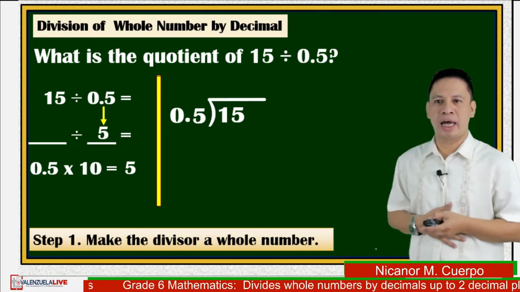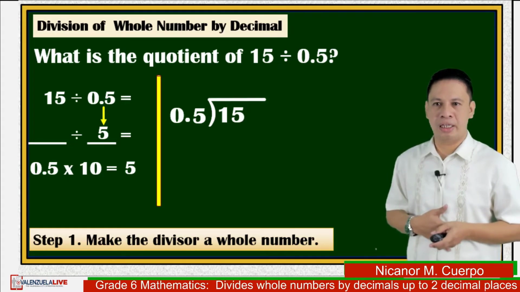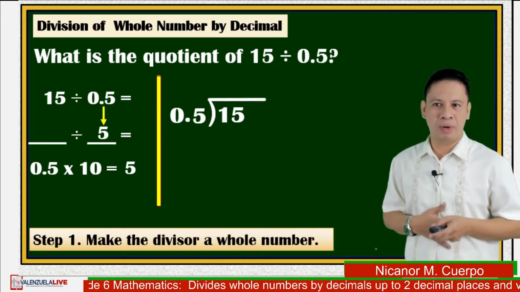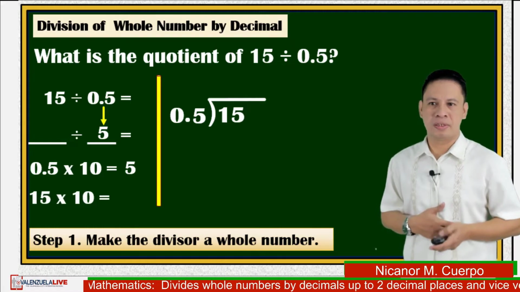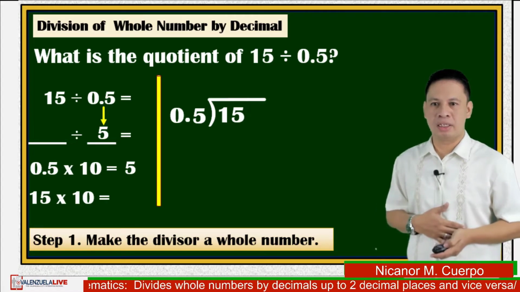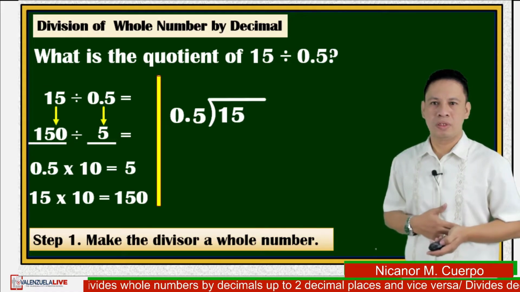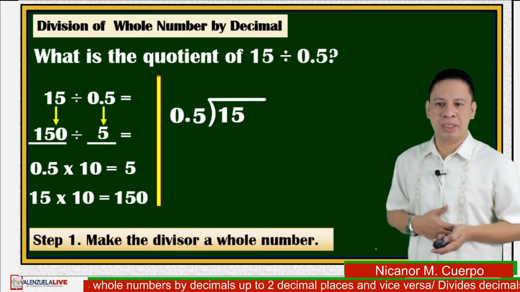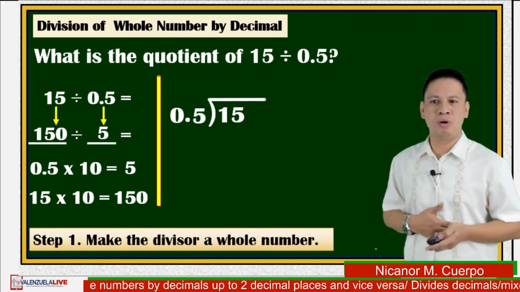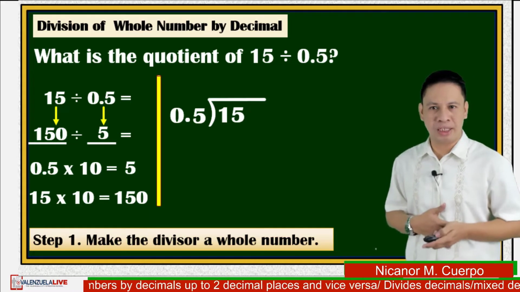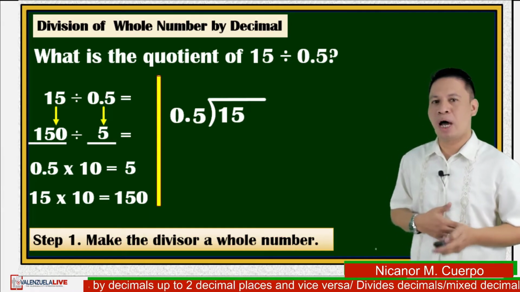Since we multiply our divisor by 10, we will also multiply our dividend by 10. So 15 times 10 equals 150. Another way to make the divisor a whole number is by moving the decimal point of the divisor and the dividend one place to the right.